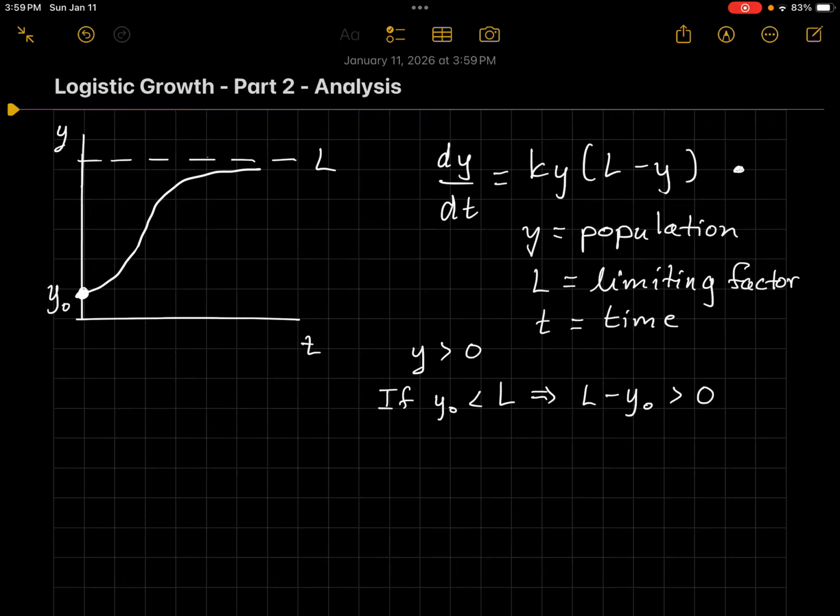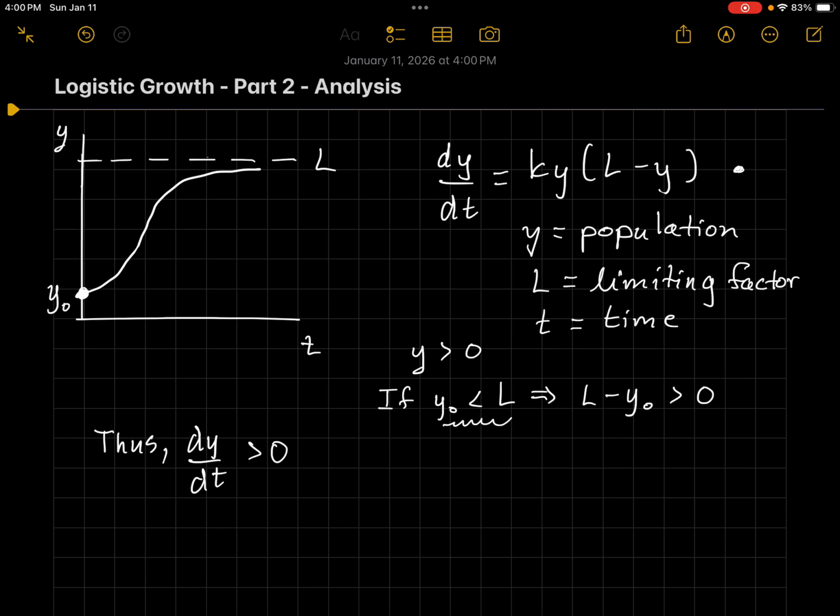This means that our differential equation will always be positive, assuming that the initial population is less than the limiting factor.